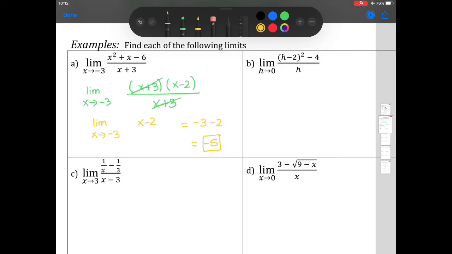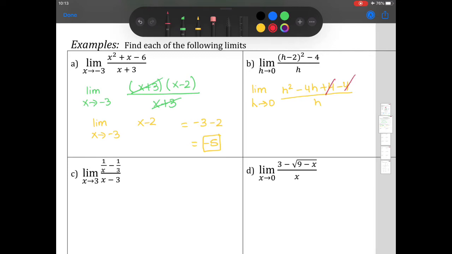So the next one is the limit as h approaches 0. Again, this will make my denominator 0, so I can't do direct substitution. Let's see if we can simplify this. The numerator will become h squared minus 4h plus 4 minus 4, over h.